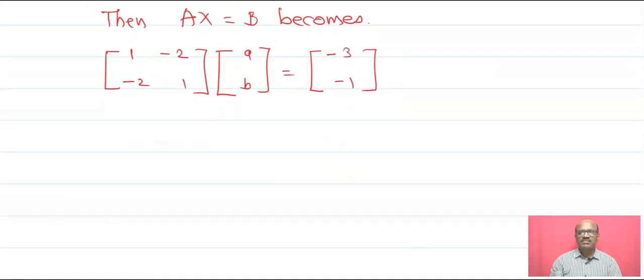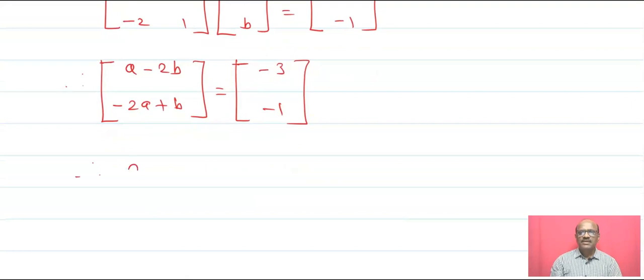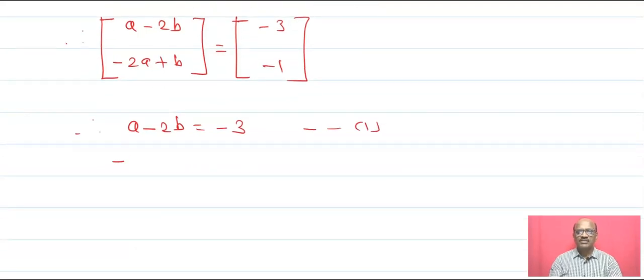Now their product, a minus 2b, minus 2a plus b, that is minus 3, minus 1. A minus 2b is equal to minus 3. Minus 2a plus b is equal to minus 1. This is equation number 2.